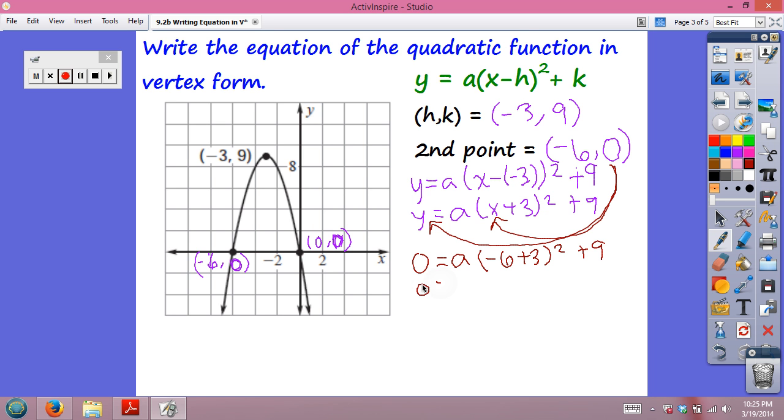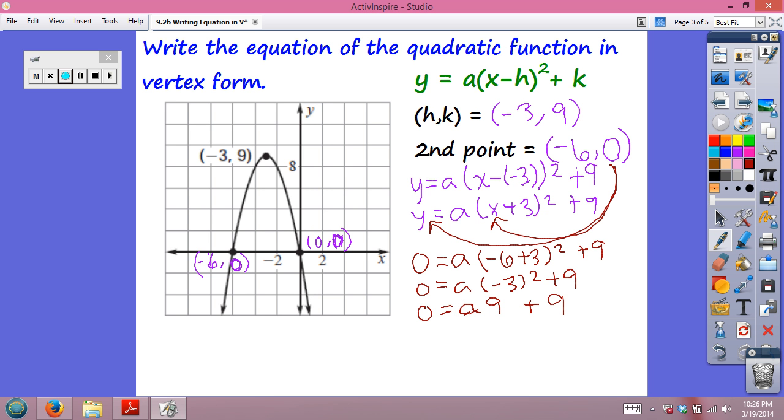Simplifying, we get 0 equals a times (-3) squared plus 9. So we get 0 equals a times 9 plus 9. You can also write this as 9a plus 9.